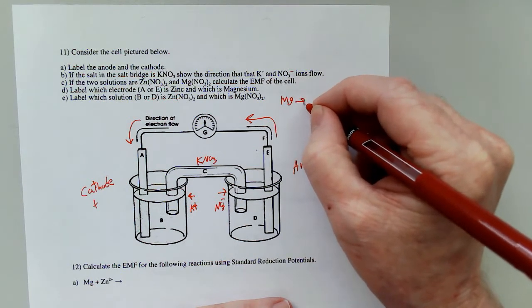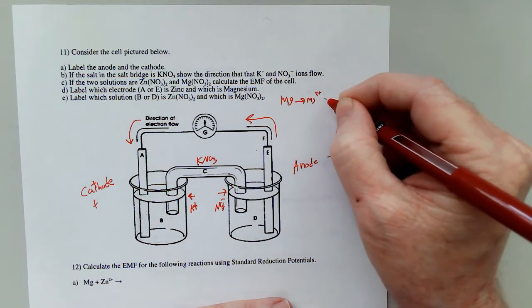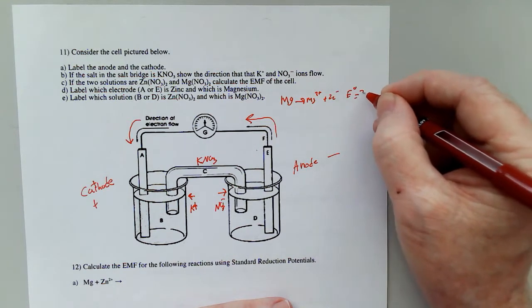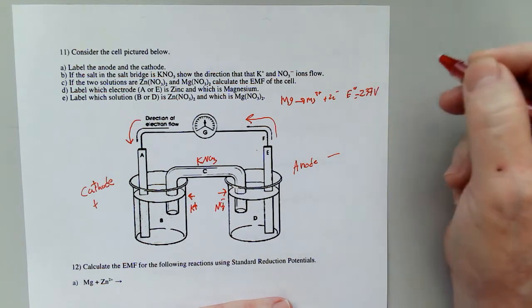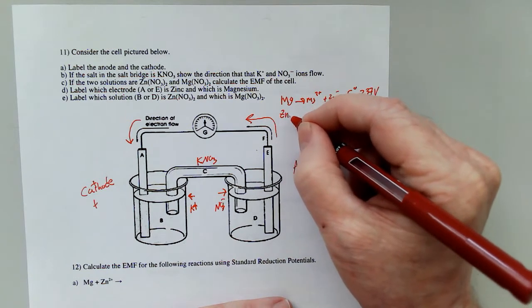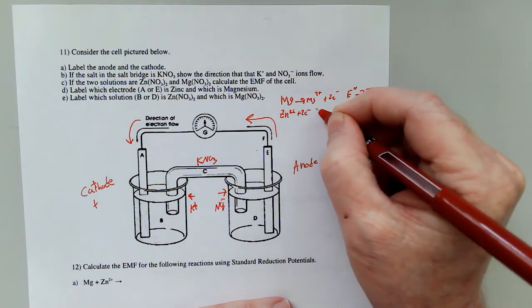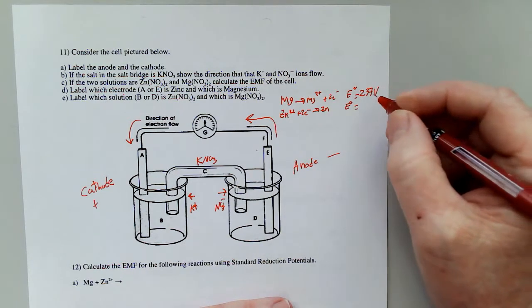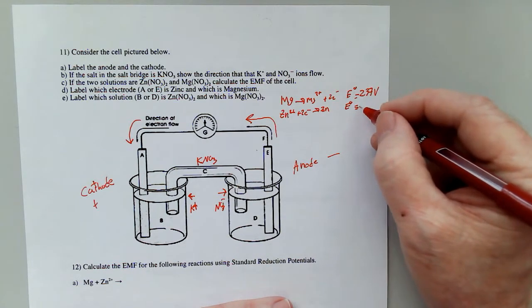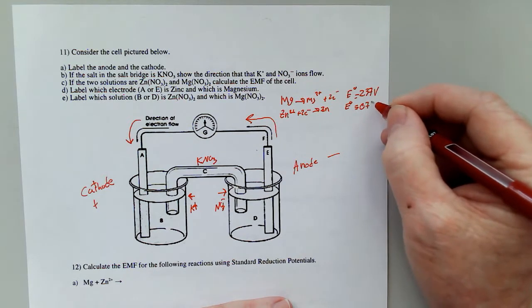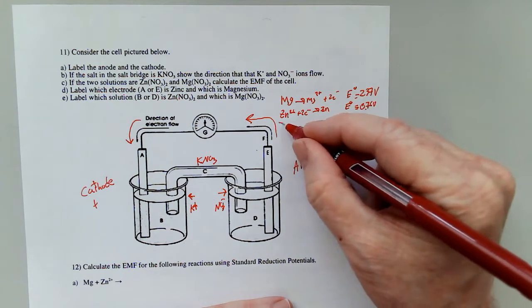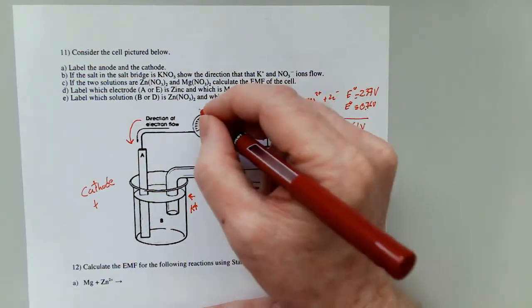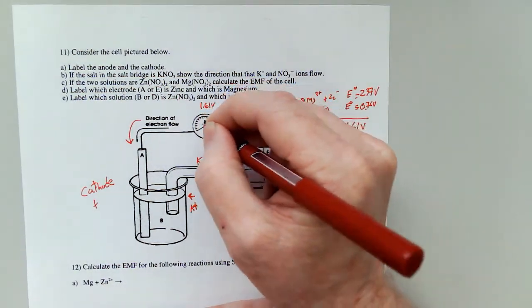So Mg is going to go to Mg2 plus 2 electrons, and that E naught is 2.37 volts. So Zn2 plus 2 electrons going to zinc, that E naught is negative 0.76 volts. So when I add them up, I get 1.61 volts, and that's what would read on that meter right there.